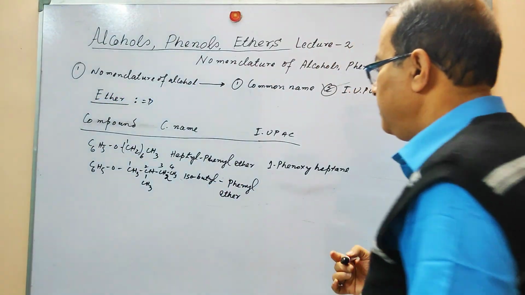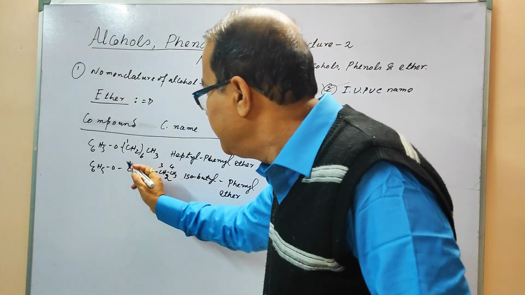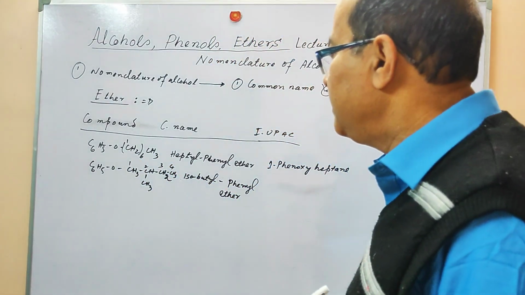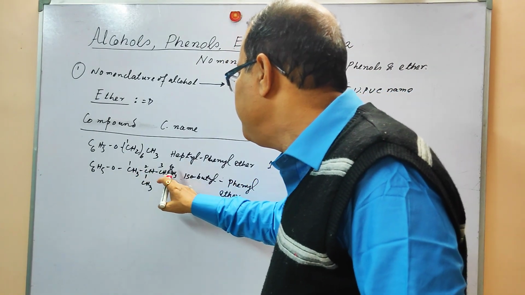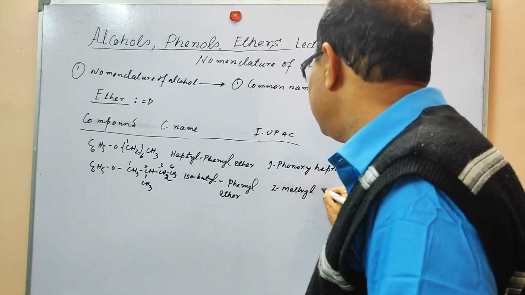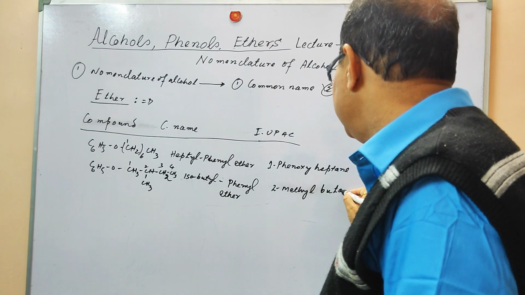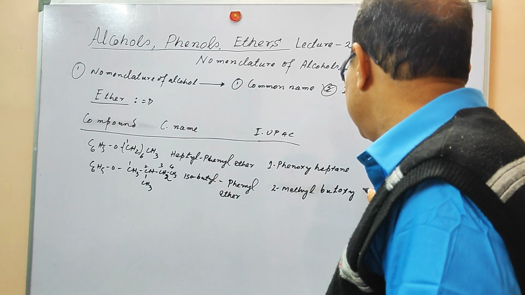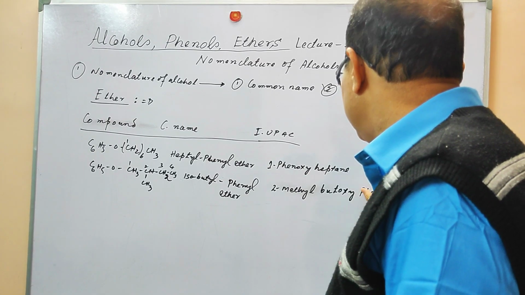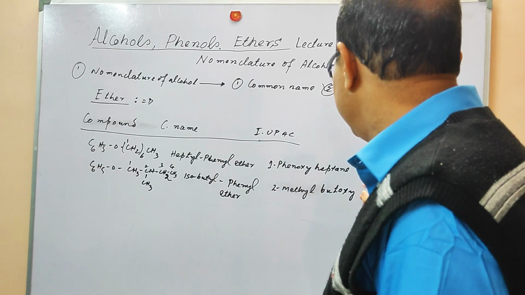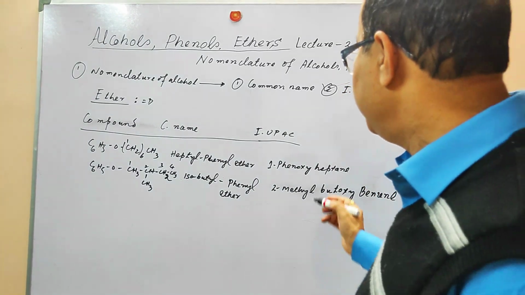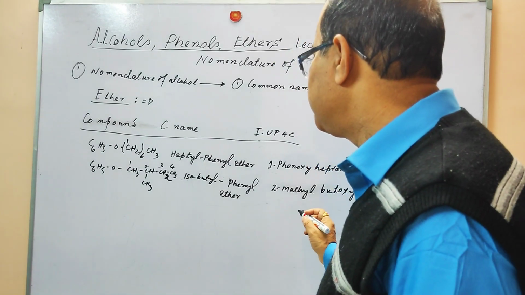The IUPAC name comes from these sides, and you can see this is a complex substituent, a 1,2,3 butane chain. So we can write 2-methylbutoxy benzene. So the IUPAC name is 2-methylbutoxy benzene.